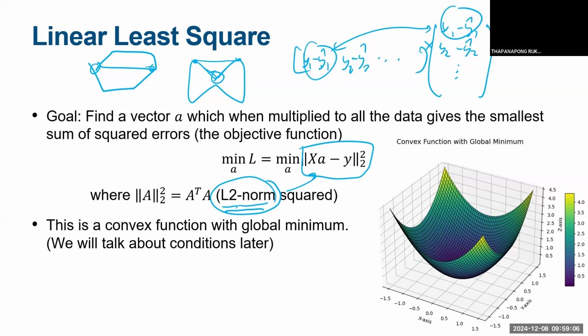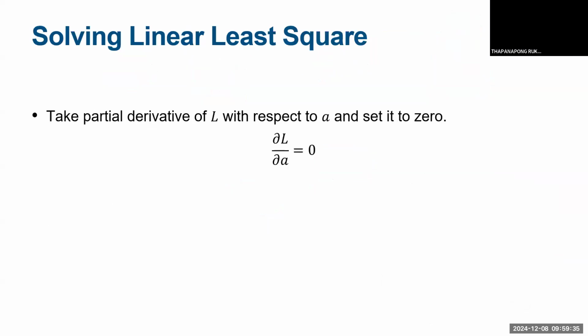So when we have a function that has a global minimum, how can we find the global minimum? I can give you a function, and I tell you that this function has a global minimum. How will you find it? Well, you can use calculus.